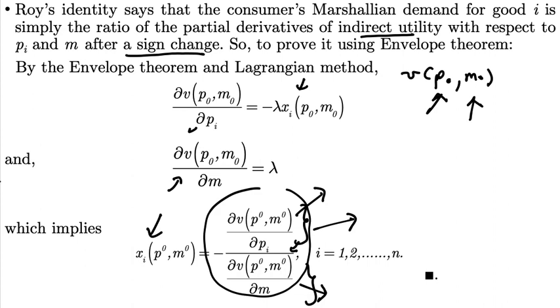Right. Now, let me show you the process one by one. When we talk about the envelope theorem here, like I said just now, we have two parts. The first one is this, and the second one is this.